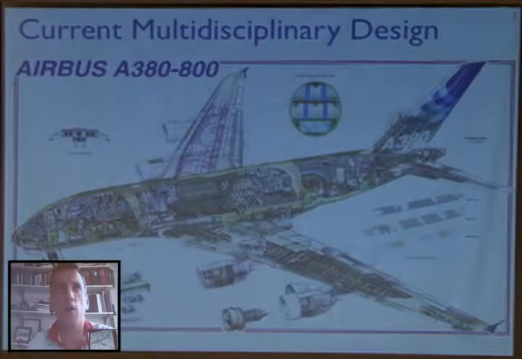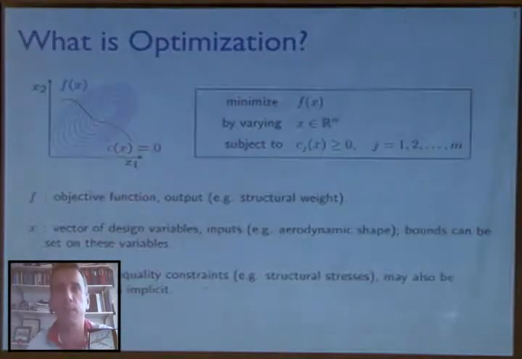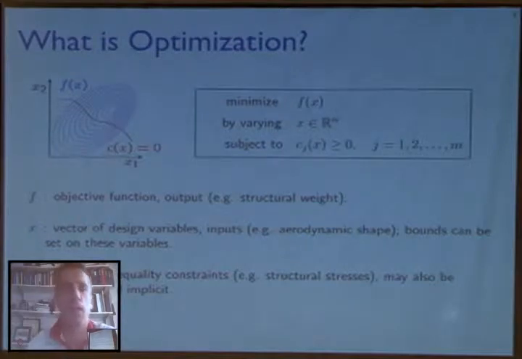Before I go on to MDO, multidisciplinary design optimization, I would like to explain the design optimization part. Next slide, please. Namely, numerical optimization. In numerical optimization, we have a function that we wish to minimize. Typically, when we're doing design, we want to minimize or maximize some measure of performance.